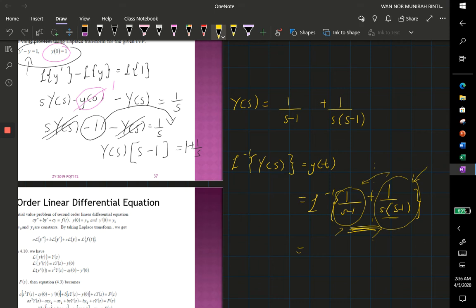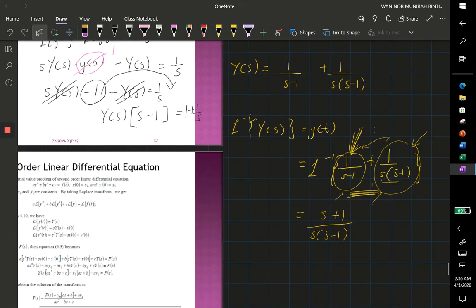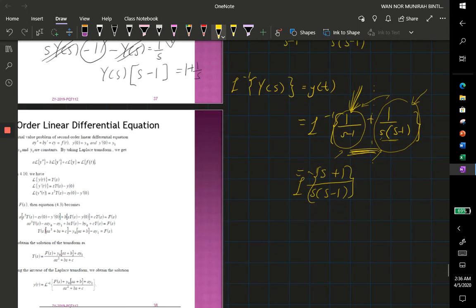So what I need to do is multiply this one by s. Okay, so I have (s plus 1) over s(s minus 1). Right, so that is the function that I need to take the Laplace inverse of.